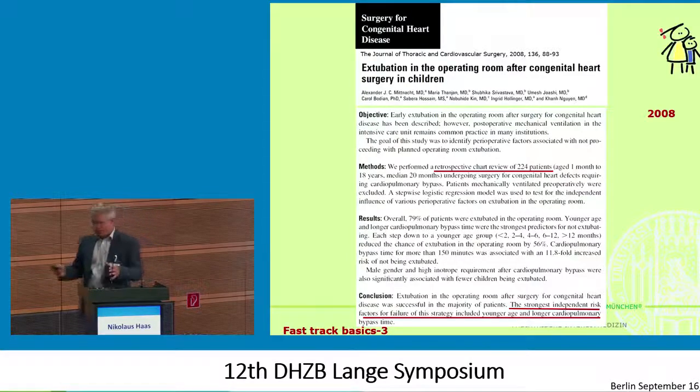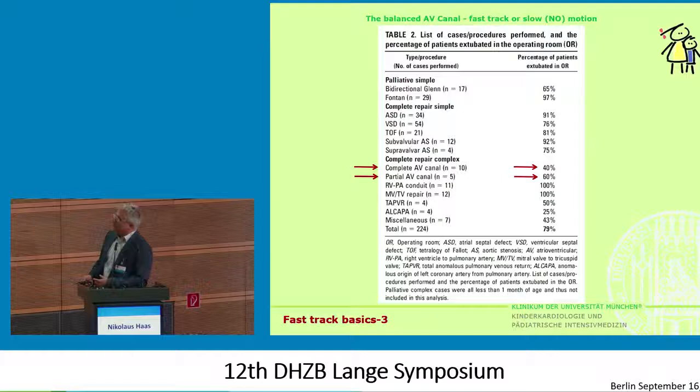These are the AVSD patients. And if you look in detail, complete AVSD was only extubated early in about 40%, and even the partial AVSD extubated in 60%. So, with all the efforts, retrospectively, AVSD canals really do not fall into this scheme.